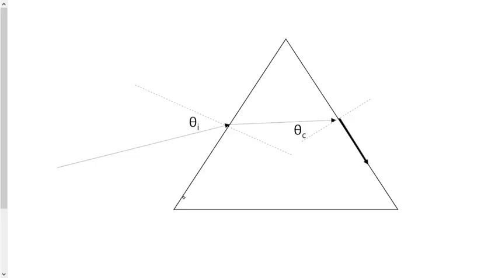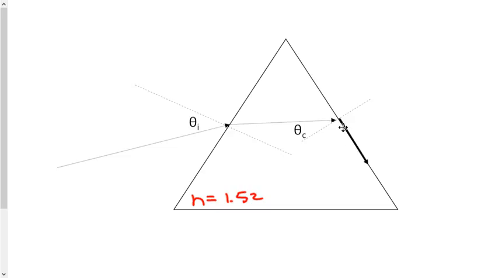Let's say we have an index of refraction n equal to 1.52. And we're going to calculate and determine what's called the critical angle here, the angle that will allow the total internal reflection to happen.